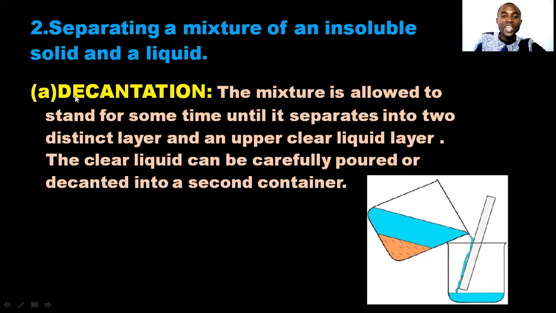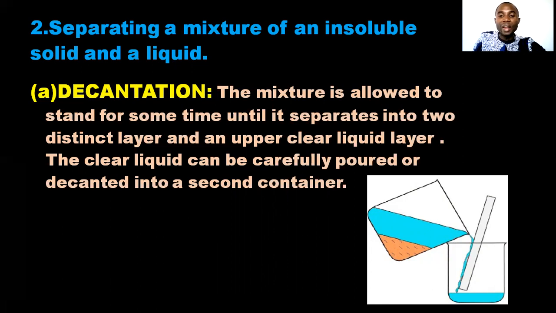So how do we do decantation? The mixture is allowed to stand for some time until it separates into two distinct layers. The solute is beneath and the clear liquid layer is on top.